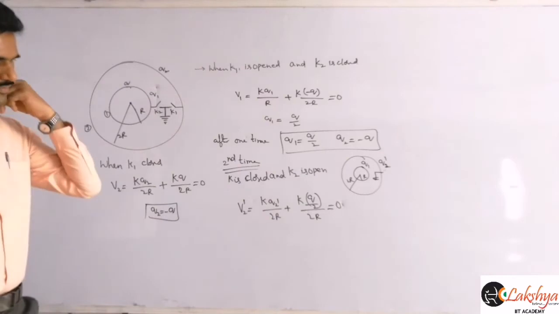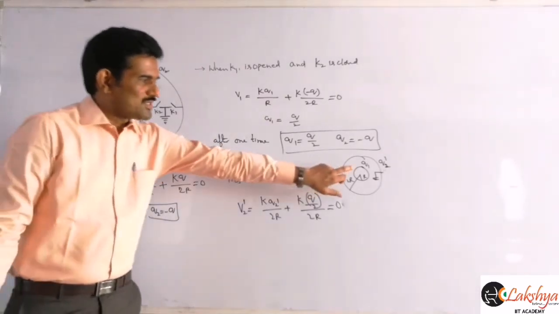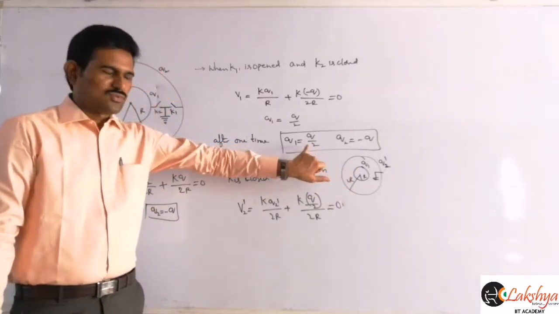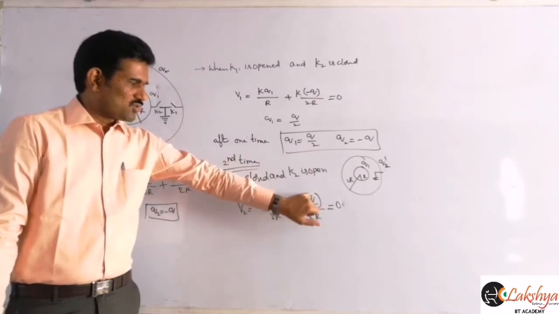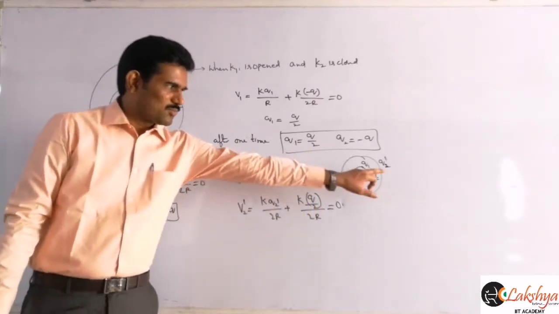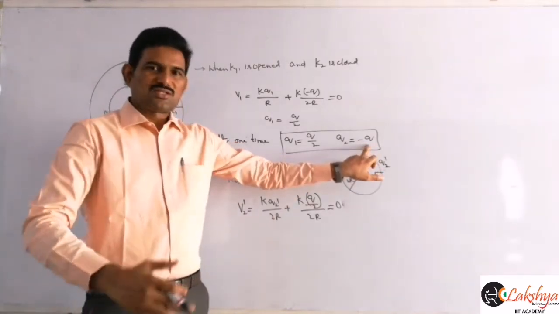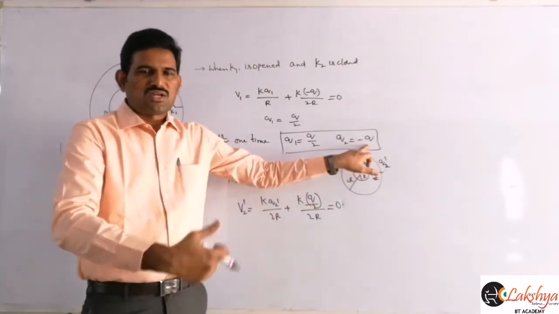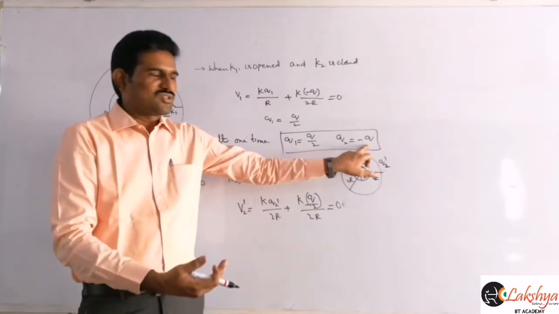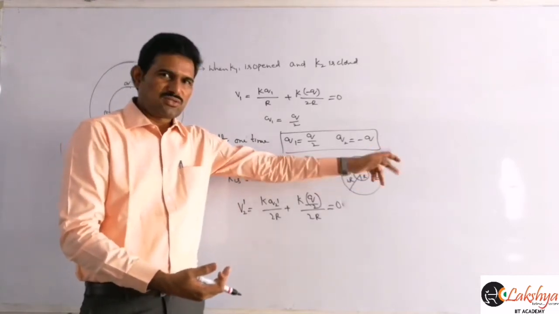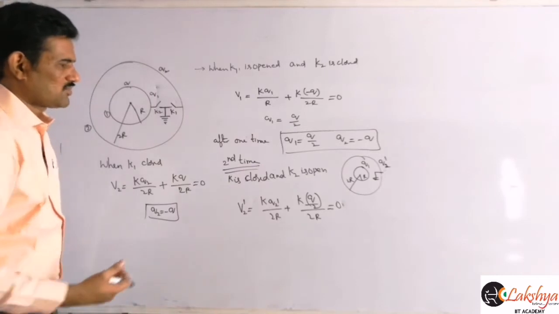So remember this. The charge present on this inner shell is Q by 2, so Q by 2 by 2R. We are writing the potential at this point. Whatever charge is present here we can't take, because some charge flow will take place between the ground and that shell. So the net charge we are taking as Q2, and due to that net charge I am directly writing that potential.